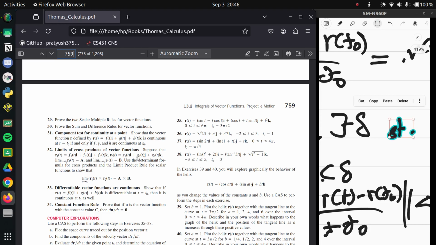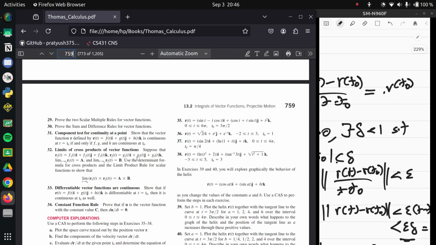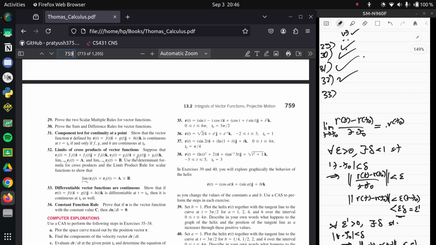In fact, we can say that, such that this happens. And it doesn't really change anything, because if there exists a delta bigger than 1, there obviously exists a delta less than 1. Just confine it a bit. So there always exists a delta less than 1, such that you can rewrite the whole continuity definition as this thing.